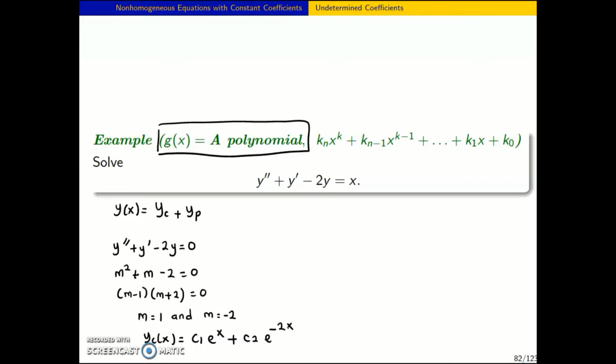Now to find yp. Okay, so if you have a polynomial with degree 1, I will let yp equals ax plus b.